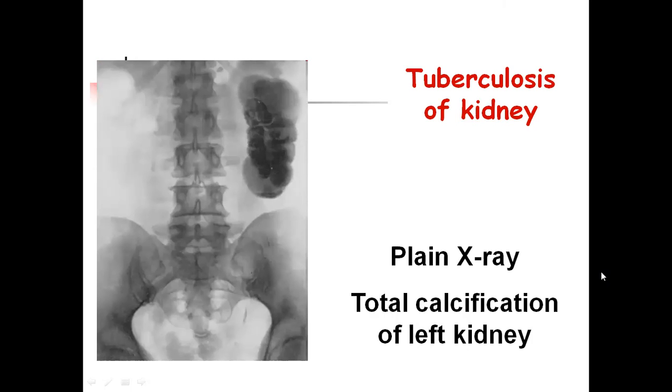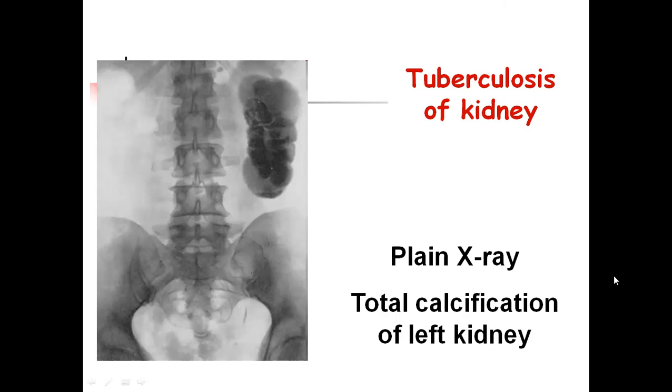Tuberculosis of kidneys usually shows as total or local calcification on plain X-ray film, on CT, on MRI, anywhere.